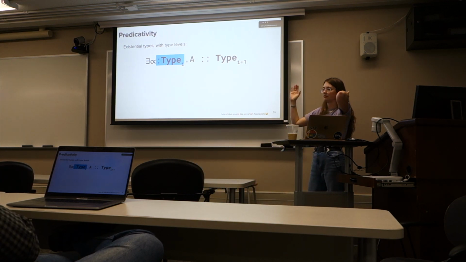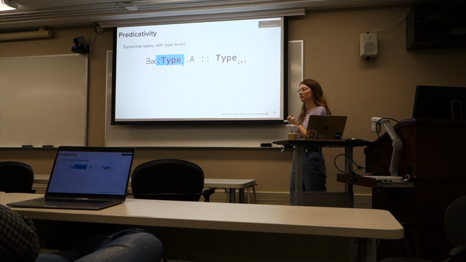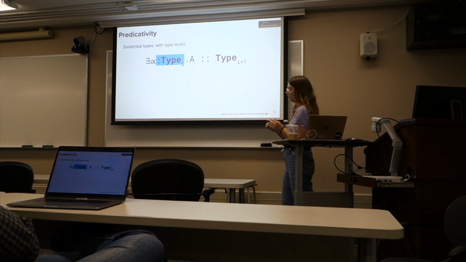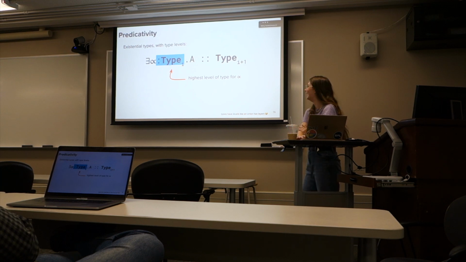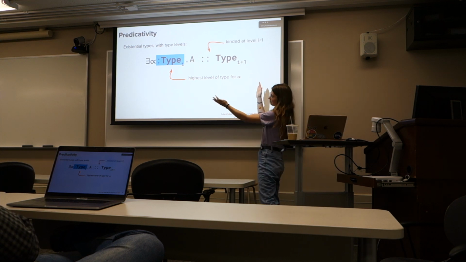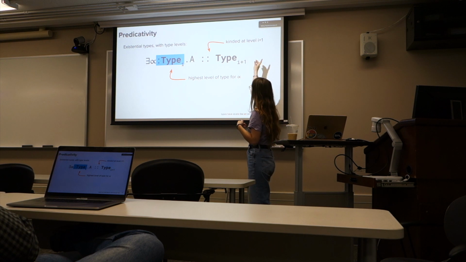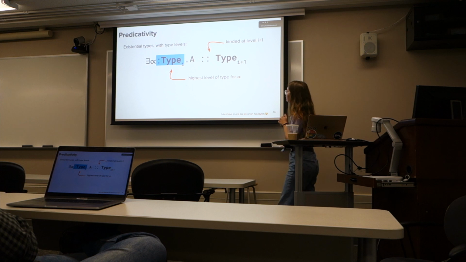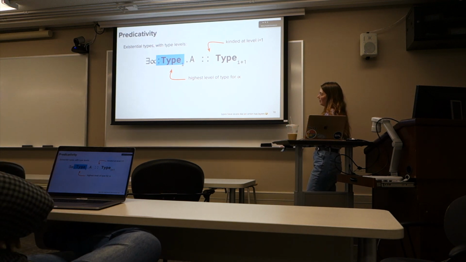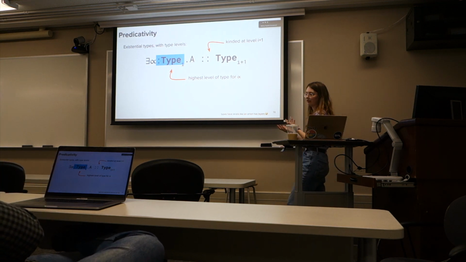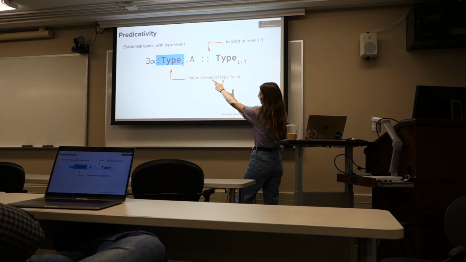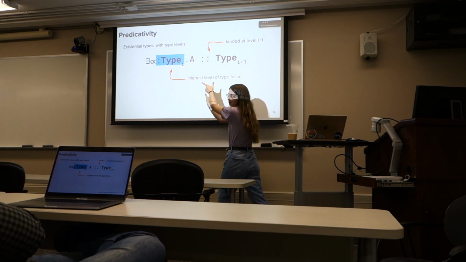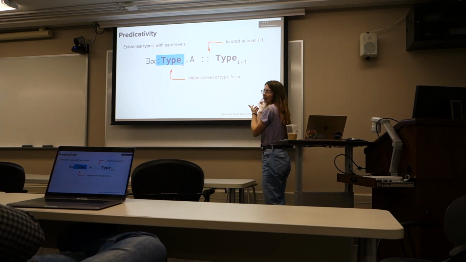We say we can only instantiate it with types at a certain level I. Then the existential type itself is kinded at a level higher, and we're using double colons for kinding. So you can see why this prevents impredicativity, because we could never take this same existential and put it in for alpha, because the levels don't match up: I and I plus 1.